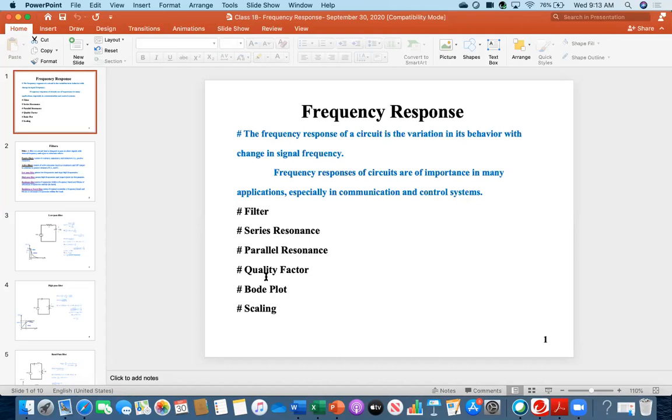Then one important term is the quality factor, then Bode plot, and scaling factor. So we will be looking at all of those things. Today we will mainly be covering the filter. Let's have a look at what a filter is, and there are several types of filter that we'll be looking at. The filter is one branch of frequency response.